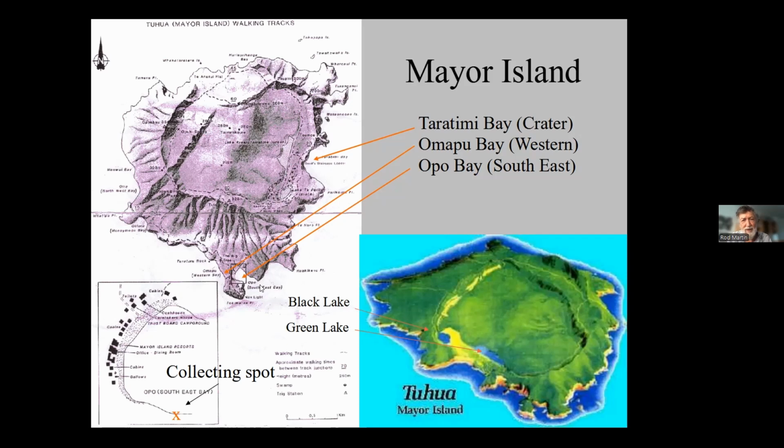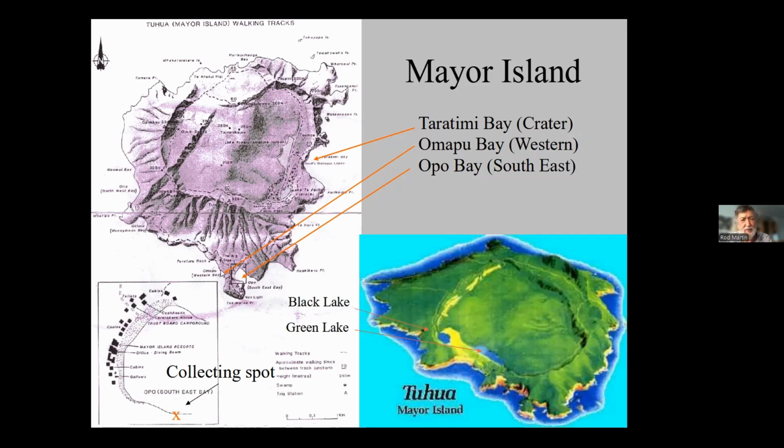I'll talk more about these places as we go, but Omapu Bay on the other side is just a 5 minute walk over that lava flow. It's not a particularly good collecting spot, but there is a lot of massive tuhualite bands out there. Every time I've been out there, I've usually gone across and broken off bits and pieces of that for the university.